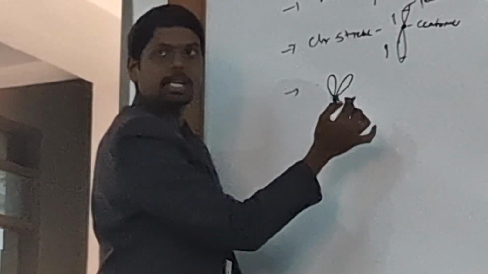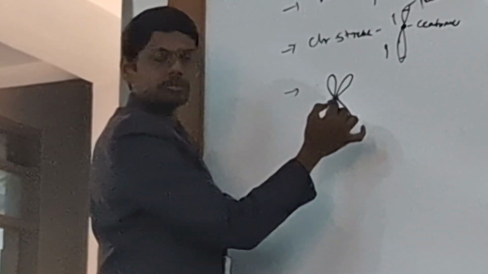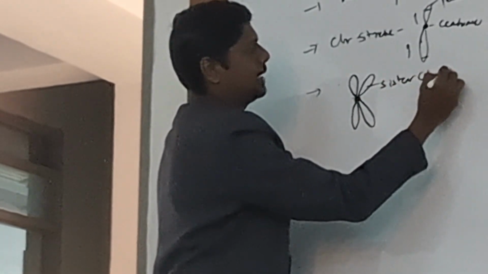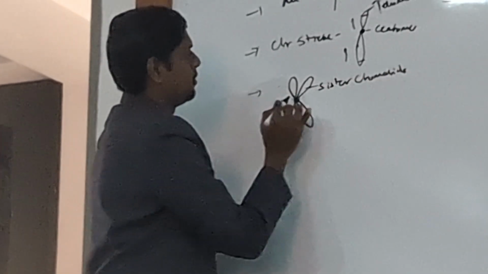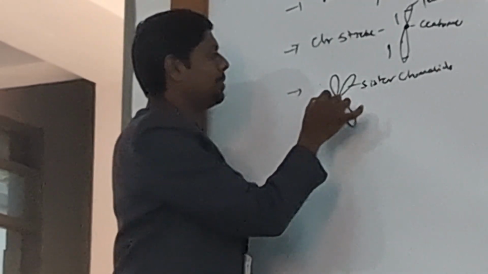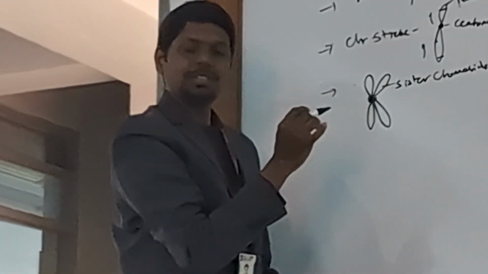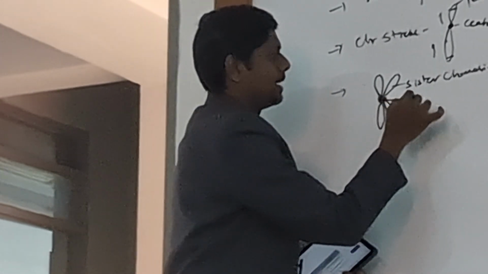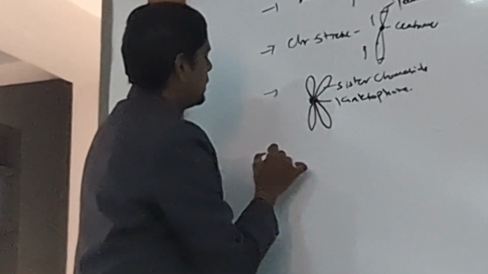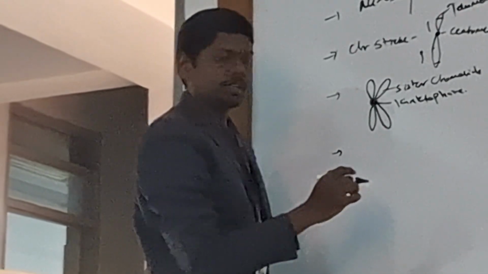This duplicate is called sister chromatids. And I discussed one more thing. In the case of sister chromatids, the centromere region is called the kinetochore. Right?